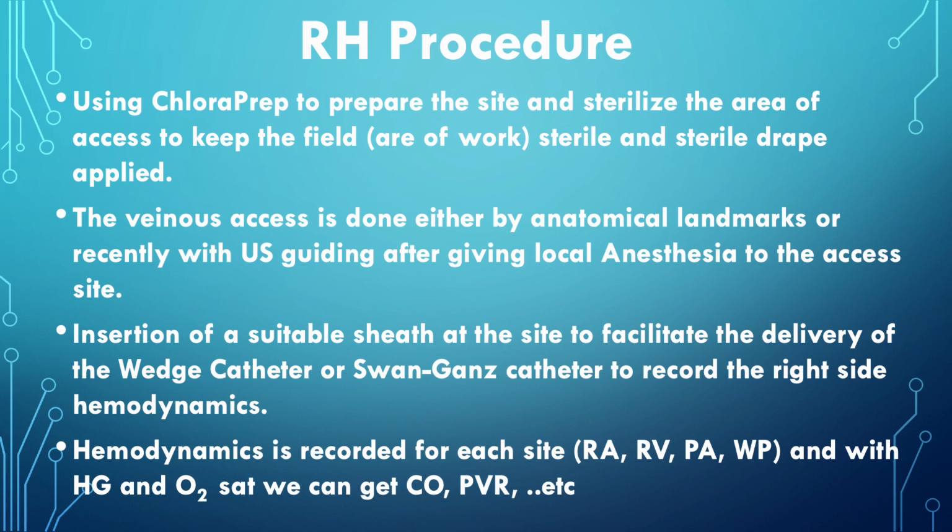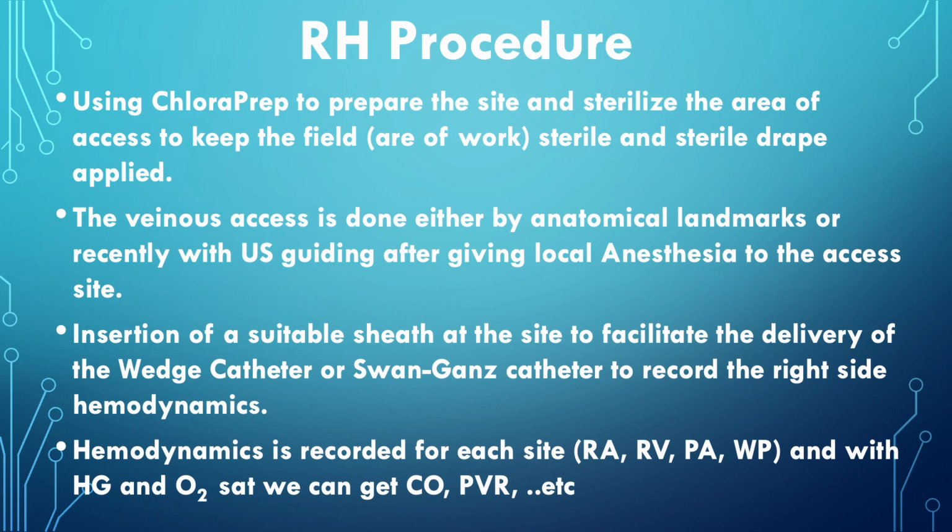So what is the procedure? How are we doing it? We do it with a completely clean procedure. We're using chloroprep to prepare the site and sterilize the area of access to keep the field sterile, and a sterile drape is applied.